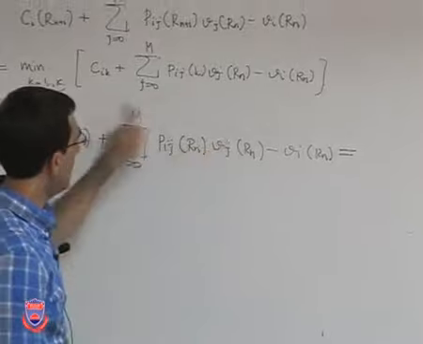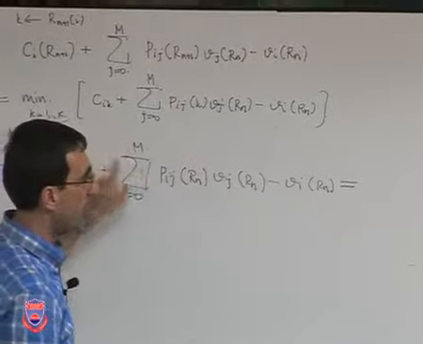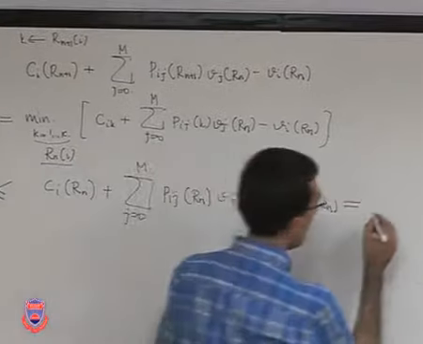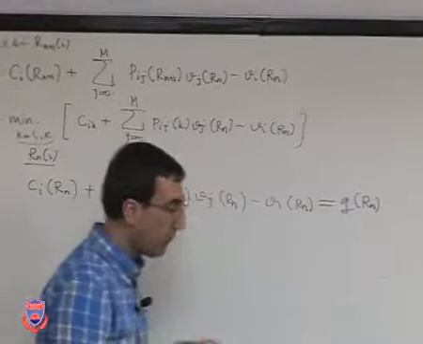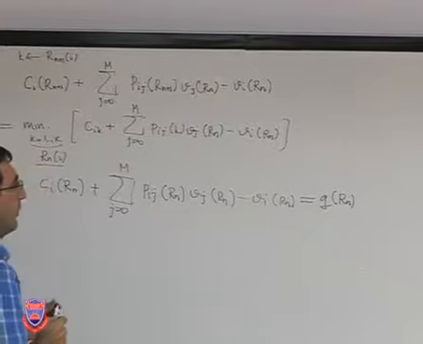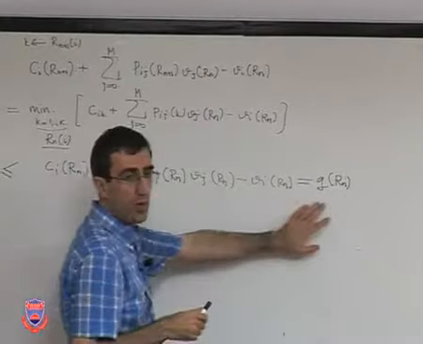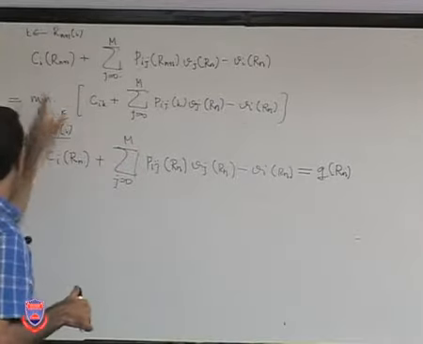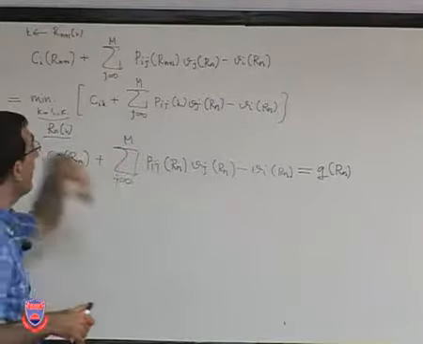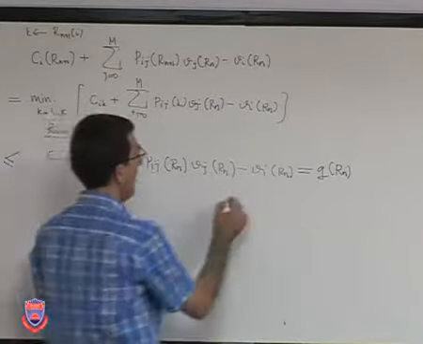So you have this part, or even here. Yes, this is G of Rn, which is nothing but the long run expected average cost per time unit for policy Rn. So this is less than or equal to that. Okay? And this is true for every I.